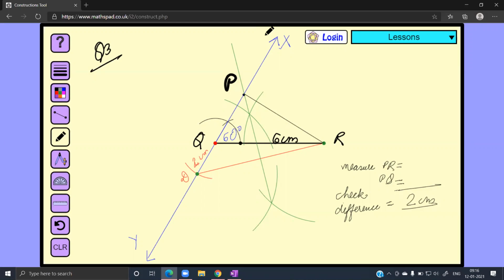Yes, ma'am, it's 2 centimeters difference. All right. That completes your third question. If anyone is still doing, let me know. I'll wait.